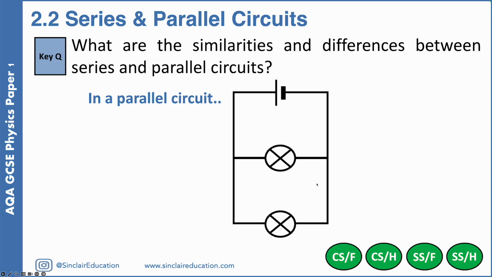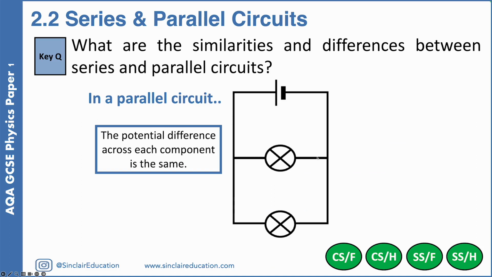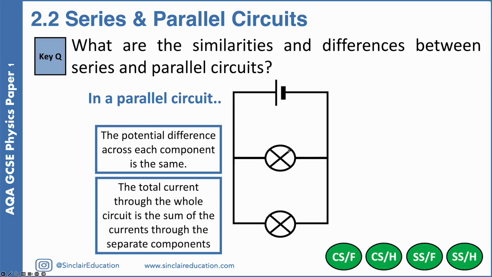Now in a parallel circuit, the potential difference is the same across each branch. So if, for example, this cell still had a potential difference of 3 volts, this branch would have 3 volts and this branch would have 3 volts. What this would mean is these bulbs would be brighter. They've got a higher potential difference across them.